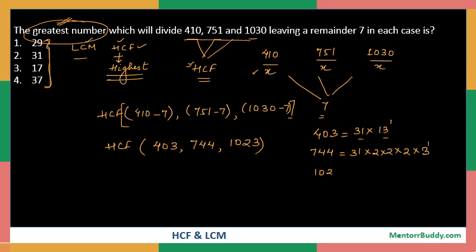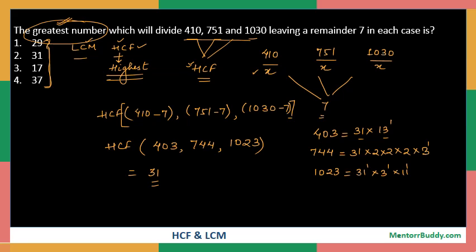Similarly, 1023 can be factorized using the values such as 31, 3 and 11. So this is how we can factorize these three numbers. So the HCF would be the common value. As you can see, in all three of them, the only number which is common is 31.